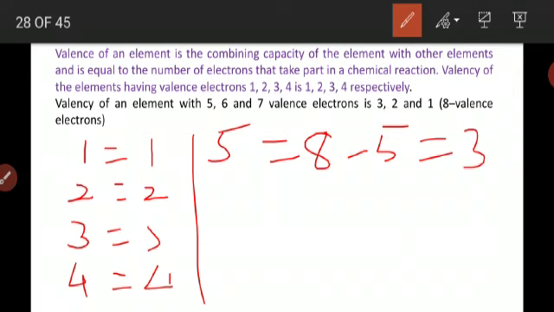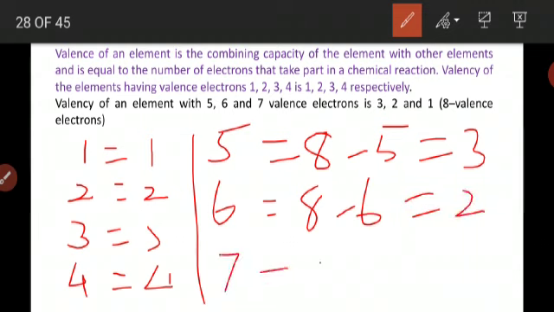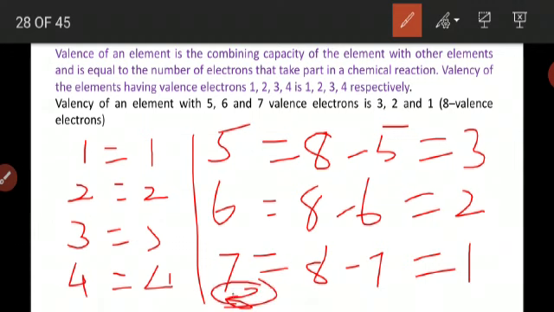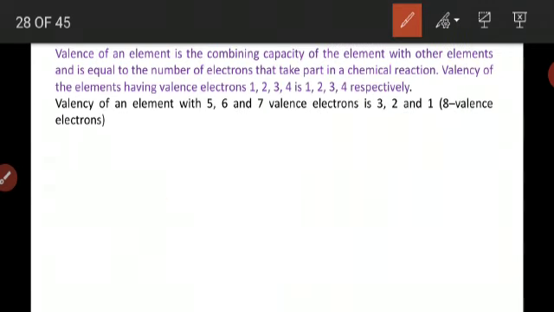Valency is 3. 6 means 8 minus 6, 2. 7 means 8 minus 7 is equal to 1. 8 means this is the stable one. If 8 electrons are present in the outermost shell, it is the stable one. Right? Is it clear, students?